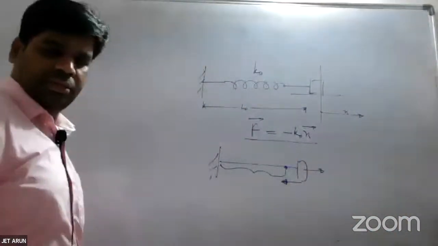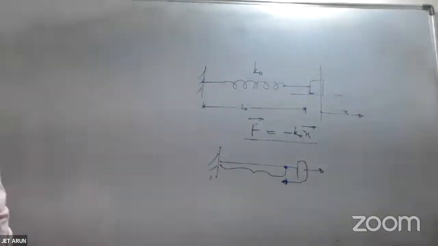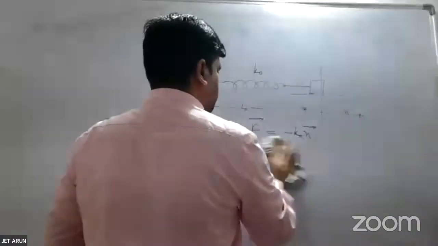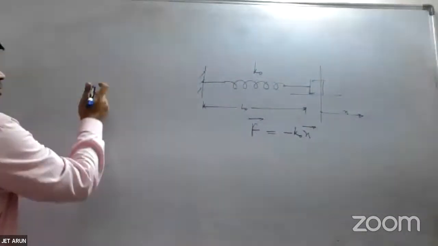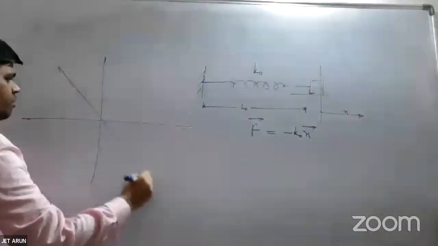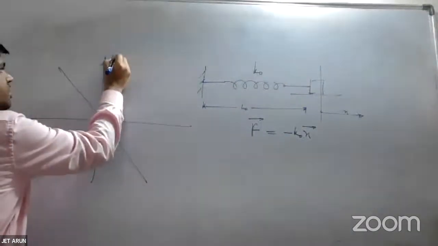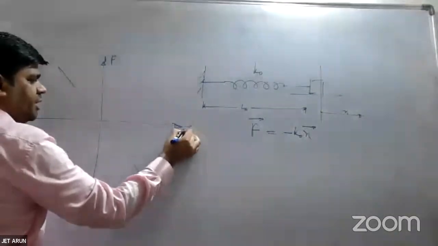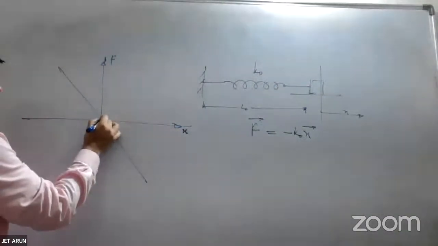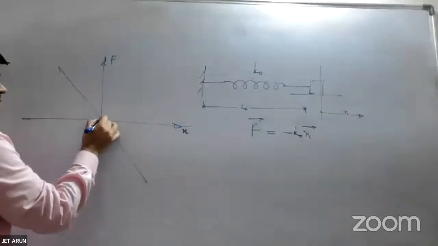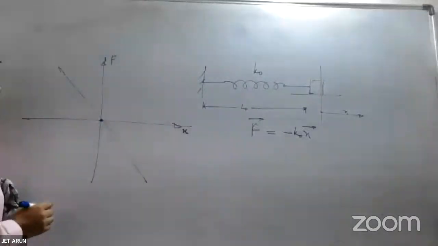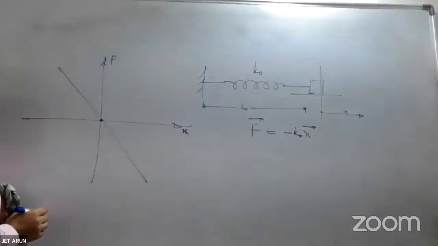Graphically, the graph of spring force versus elongation x, elongation or compression, passes through the origin. That means at natural length, spring force is 0.